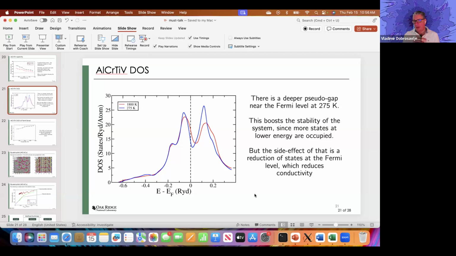Like localization, I've been working on something very similar. If you have strong electron-phonon interaction, you also tend to form this kind of gap, which can be temperature dependent. It opens at the Fermi energy, is larger at low temperature, and can give a very similar effect.